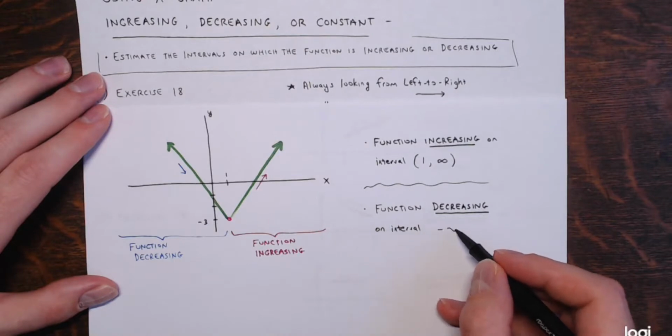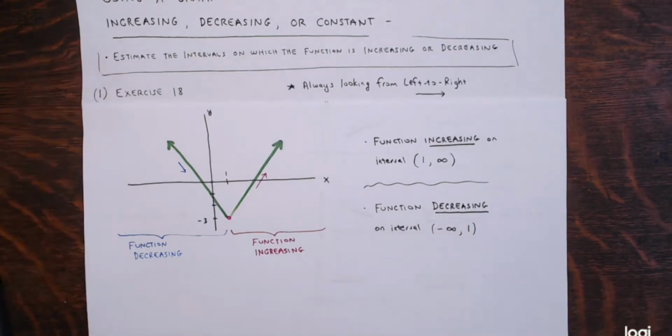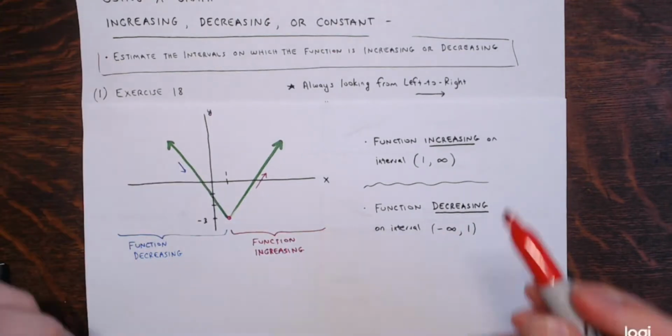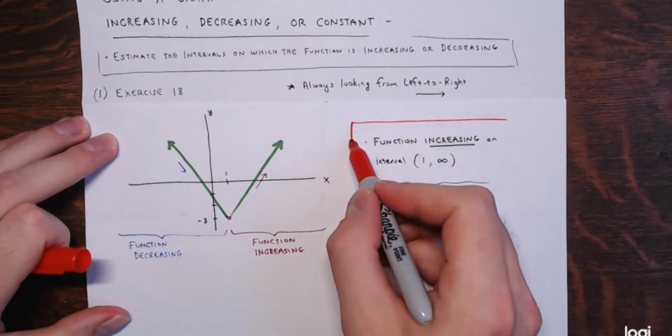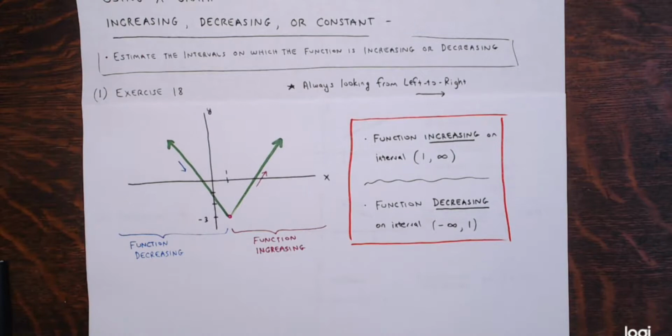So from negative infinity up to 1, and again make these open intervals with parentheses on the ends. And that is all. This is all we're asked to do for these exercises: state where the function given is increasing and where it is decreasing. It's very, very simple, in my opinion.